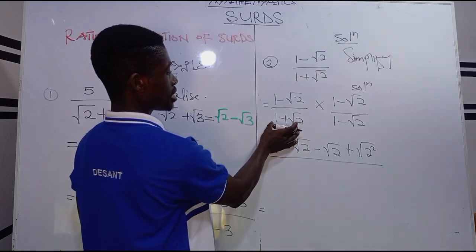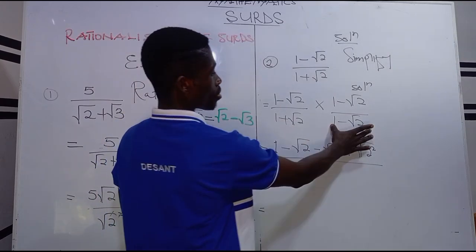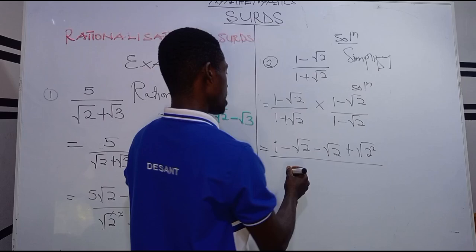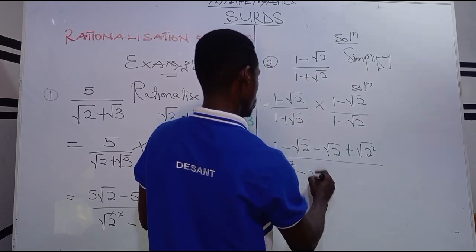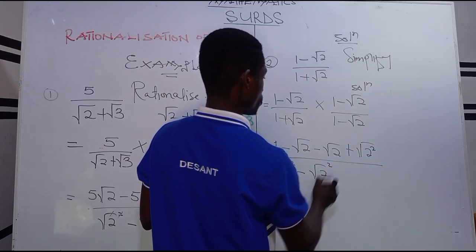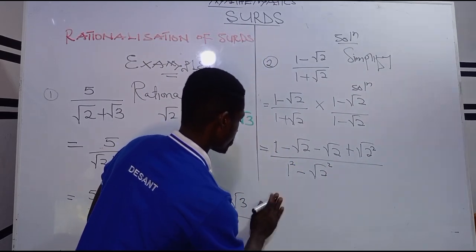Then after that, you can see the denominators, we are having difference of 2 squared. So we are going to pick the negative side and then we square them. So we square 1 minus we square what? Root of 2. So the rest is just simplification.